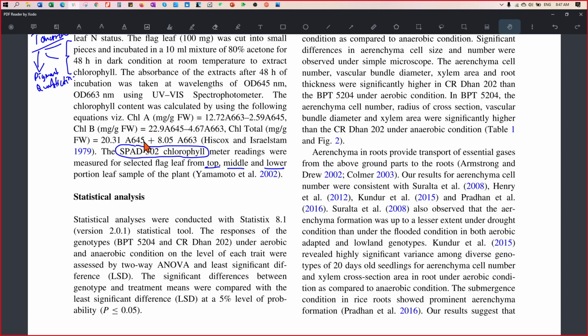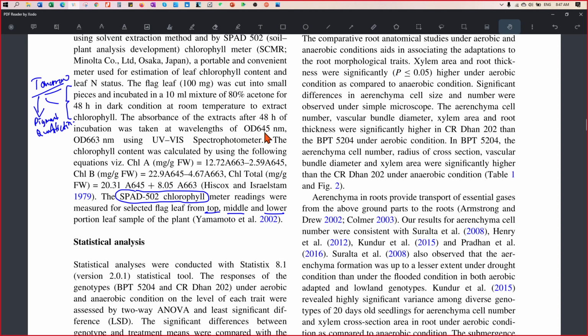Okay, however, this equipment doesn't tell you the specific amount of each chlorophyll. It's just a general amount of total chlorophyll. That's why they did another method. They do the acetone method here. You see, they use the acetone method here because they want to quantify specific chlorophyll, namely chlorophyll A, and also chlorophyll B, and also total chlorophyll in milligram per gram.